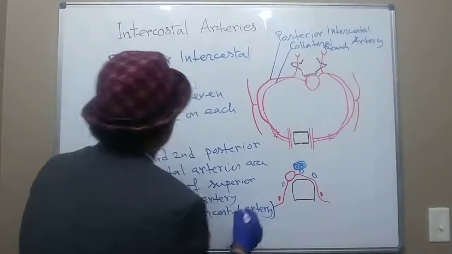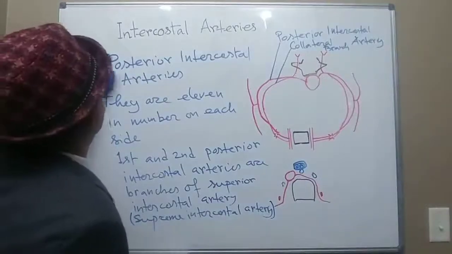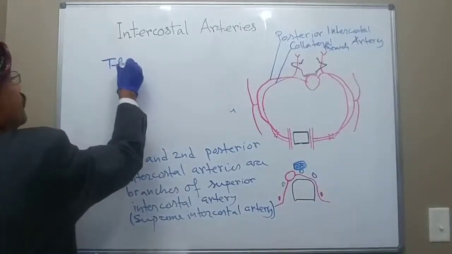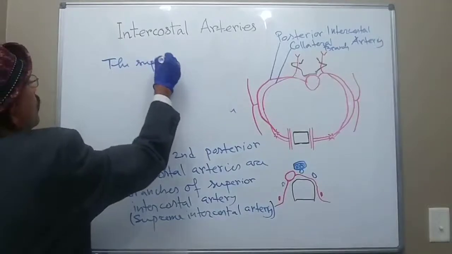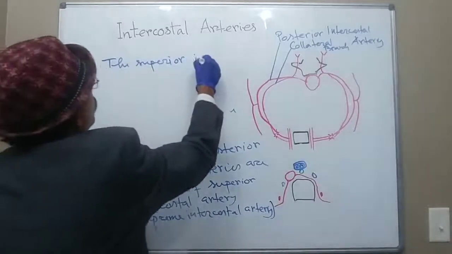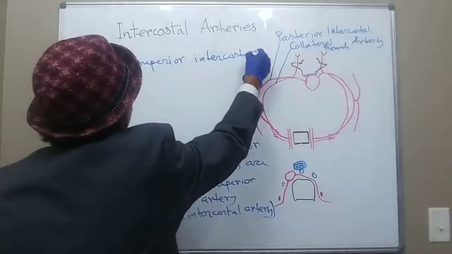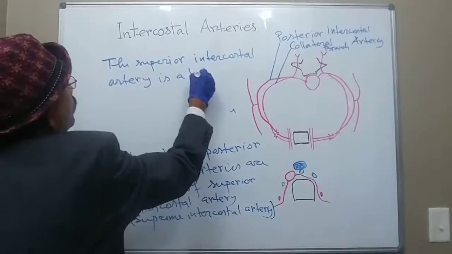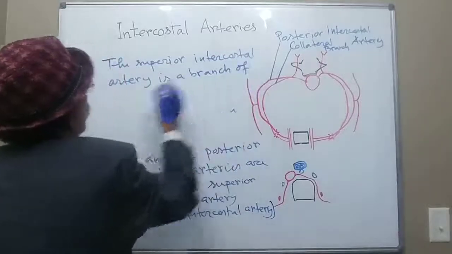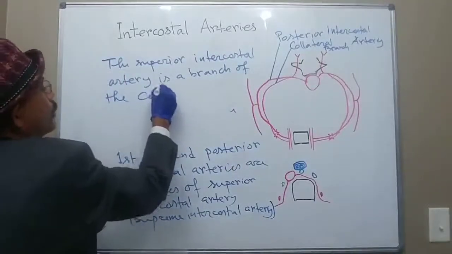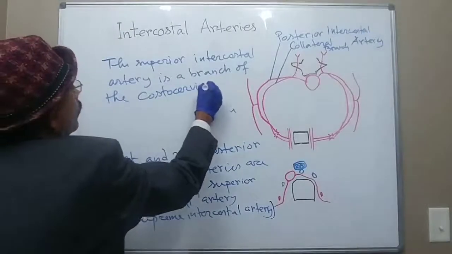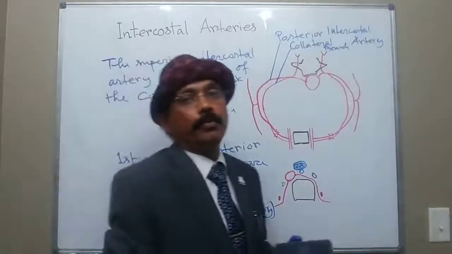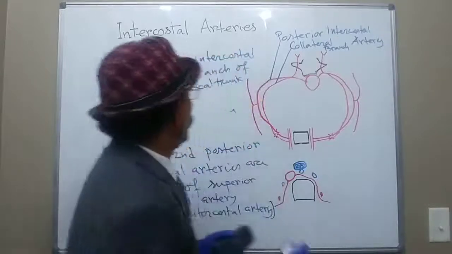Okay, we got that. This superior or supreme intercostal artery is a branch of the costocervical trunk. Okay, and the costocervical trunk is a branch of the subclavian artery.